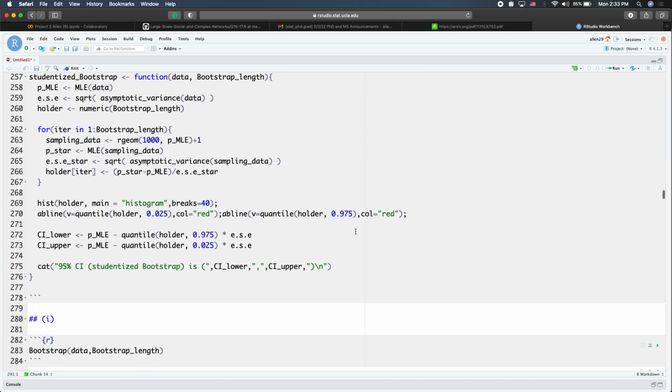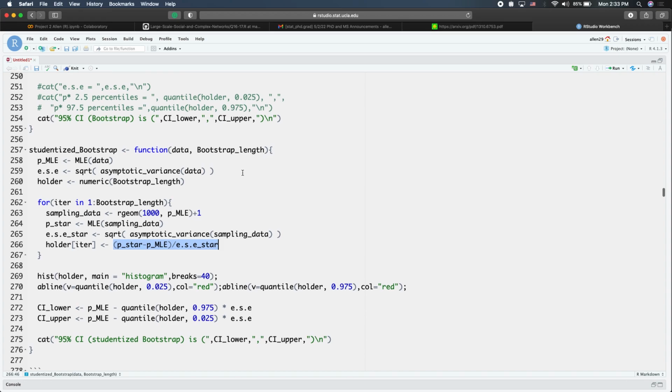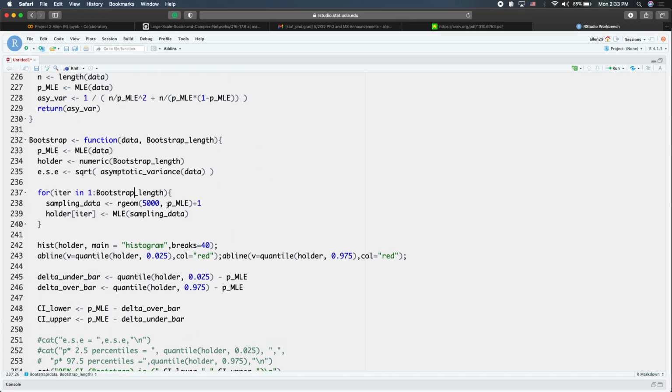Sure. The only difference is what information we are storing. For the original bootstrap, we are storing the MLE for each of the sampling data. We have 1,000 simulations, and within each simulation, we sample a new data set and calculate the MLE.